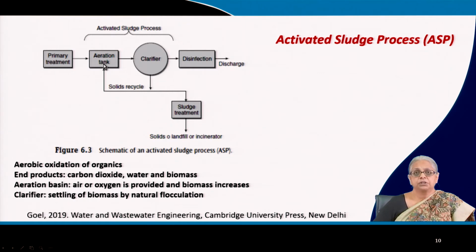So in the aeration tank, you have the wastewater coming in, air is provided, and the only objective in this part of the process is to ensure that the microorganisms, especially the bacteria, and we believe that they are mostly aerobic heterotrophic bacteria at this stage, and there is a lot of organic matter already present in the wastewater.